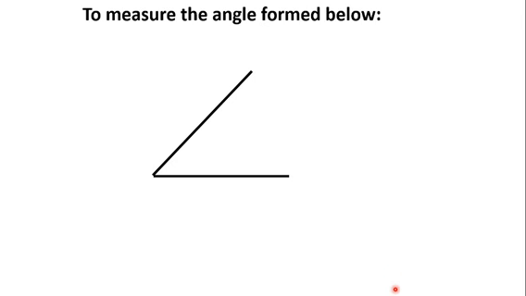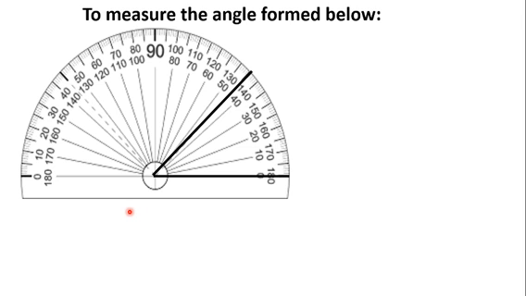Okay, so now as an example, if you want to measure the angle formed where these two lines are meeting right here, you need to place your protractor like this. You can see that the midpoint is on the vertex, and you can see that one of the two lines that form the angle is on 0. This horizontal line is on 0 and on 180.